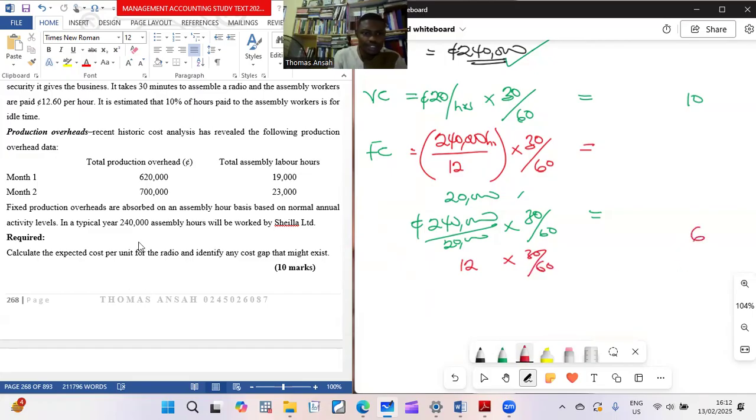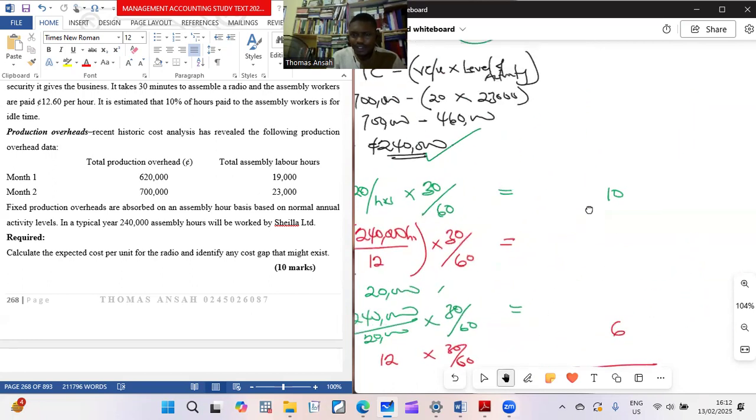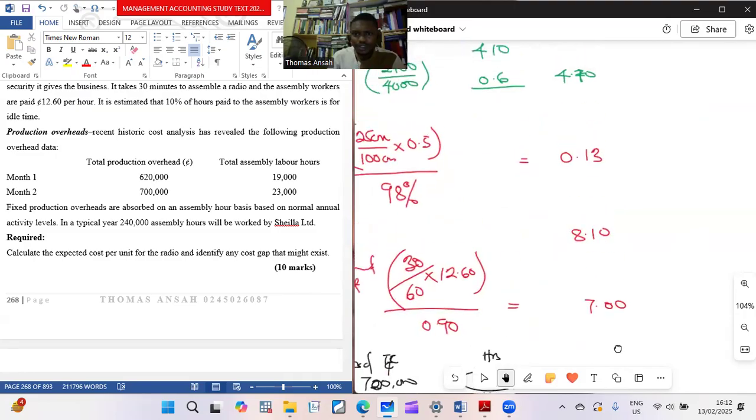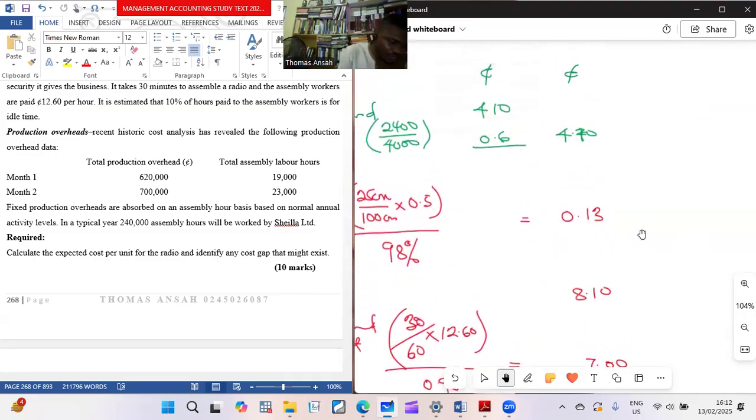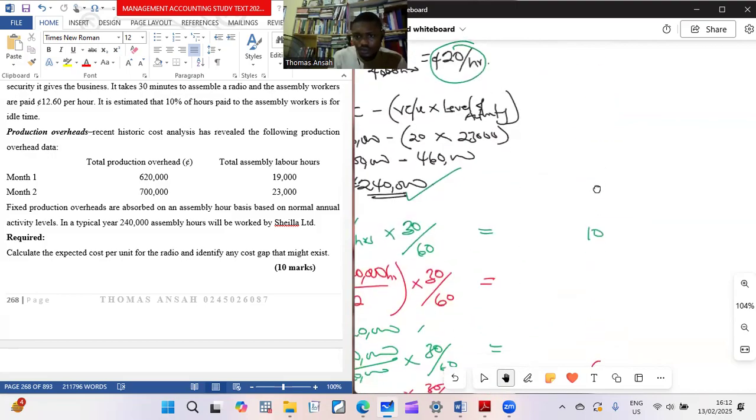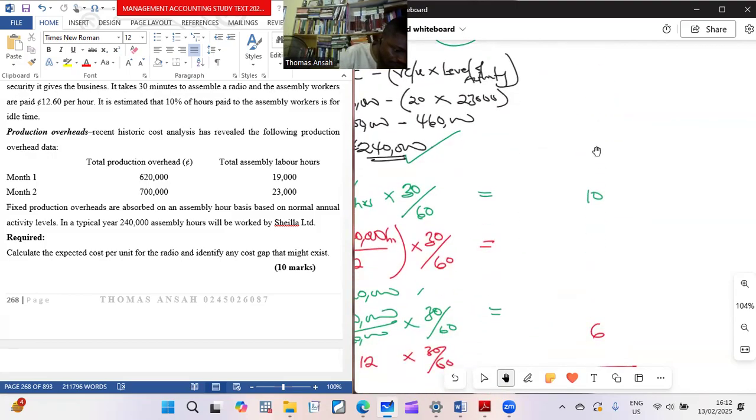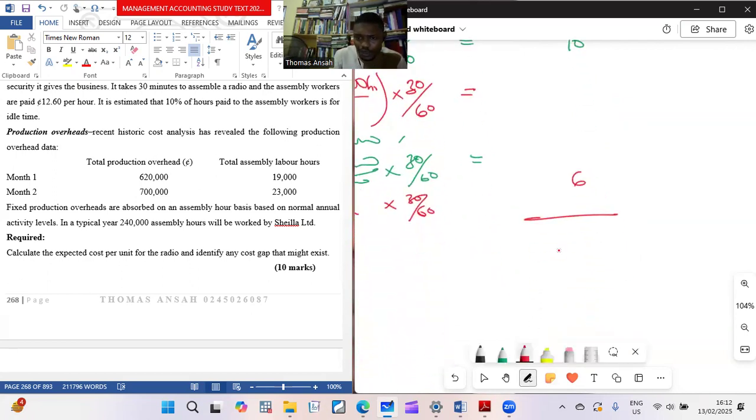If I now add everything together, 4.7 plus 0.13 plus 8.1 plus 7, variable cost 10 plus 6, that gives me 35.93. That is my internal expected current cost, 35.93.